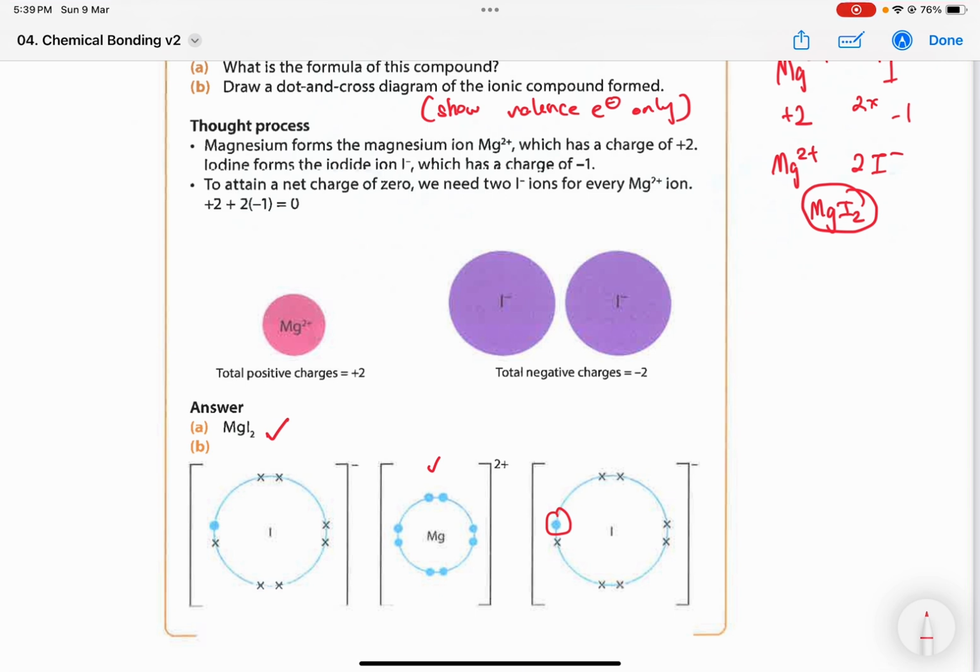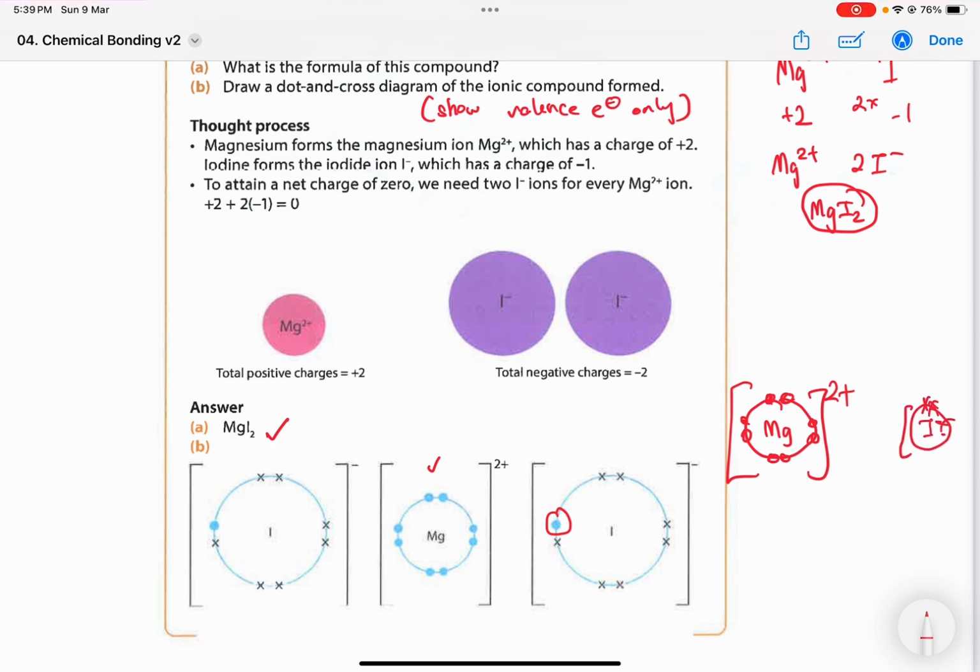Now, one thing to take note, you can also draw it as such. Instead of drawing two iodide ions separately, you can draw Mg with eight circles, so Mg2+.